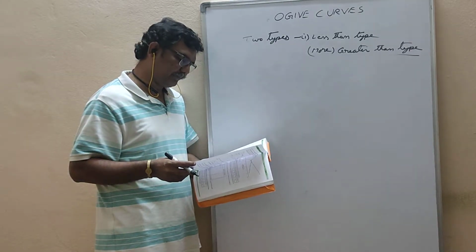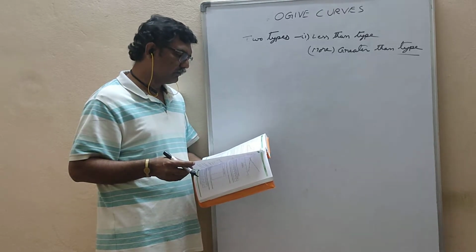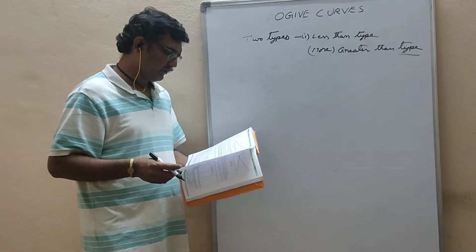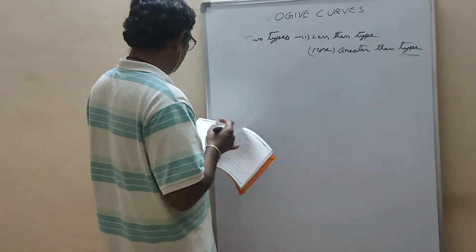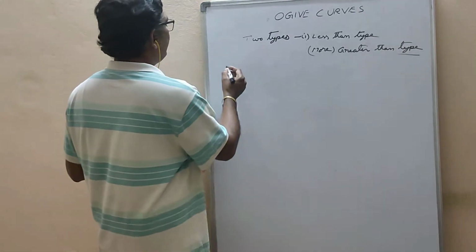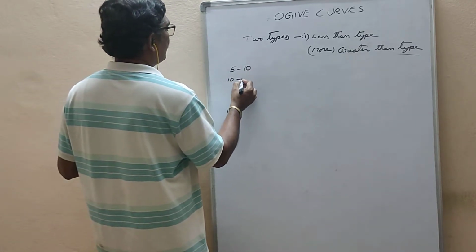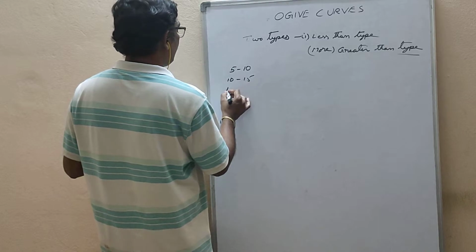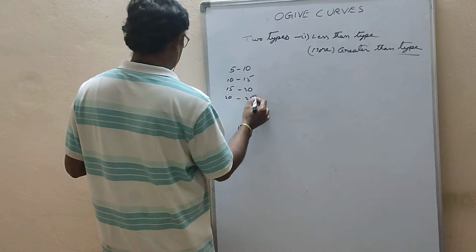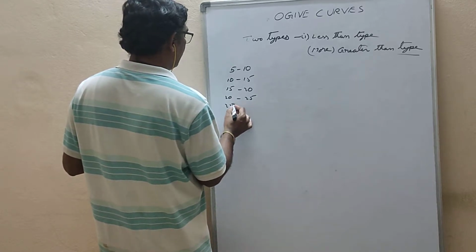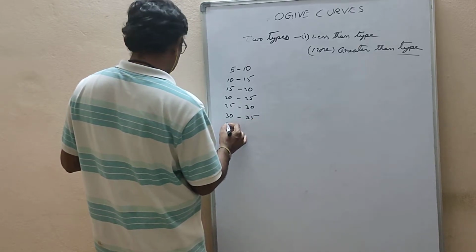First we will go with one question here, that is 5 to 10, 10 to 15, 15 to 20, 20 to 25, 25 to 30, 30 to 35, 35 to 40.